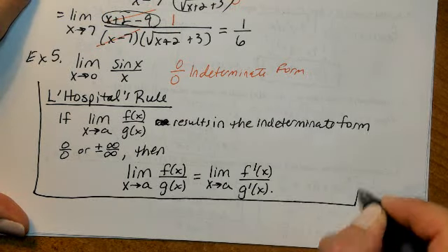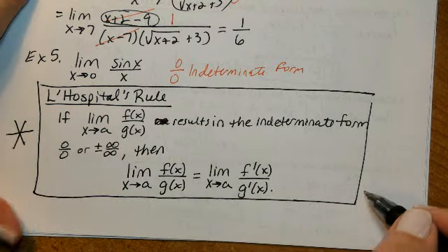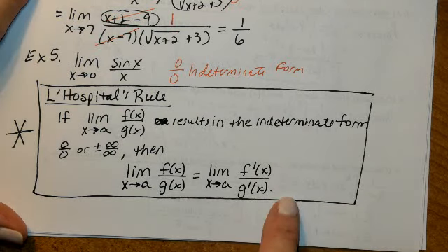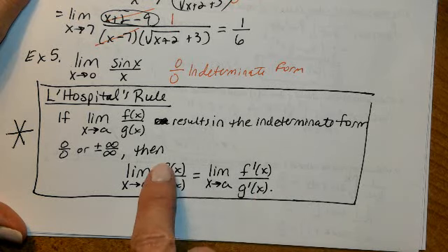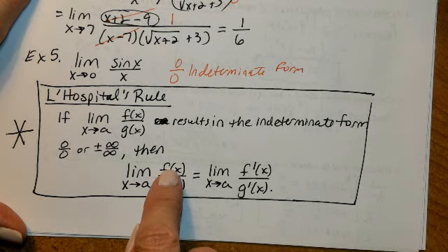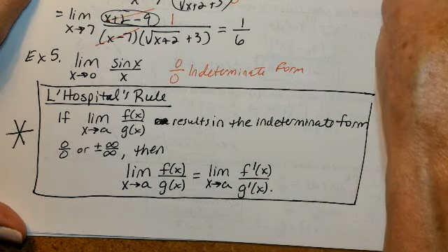That's it. F prime over g prime. This is not the quotient rule. We're not taking the derivative of f over g. We're taking the derivative of f and dividing it by the derivative of g. So get it right.